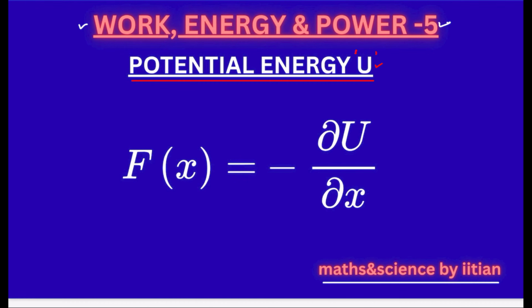As you move up, that particular stone or object at different heights has a potential energy. Once you release it from your hands, it starts to fall down. That means some stored energy is the potential energy.